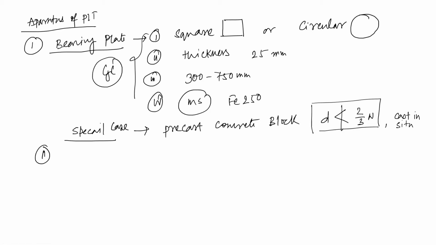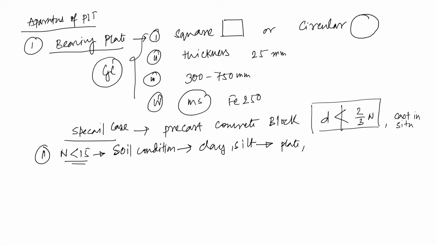Another special case, if the N value is less than 15 and the soil condition is clay or silt, then you should use either a plate or a concrete block.